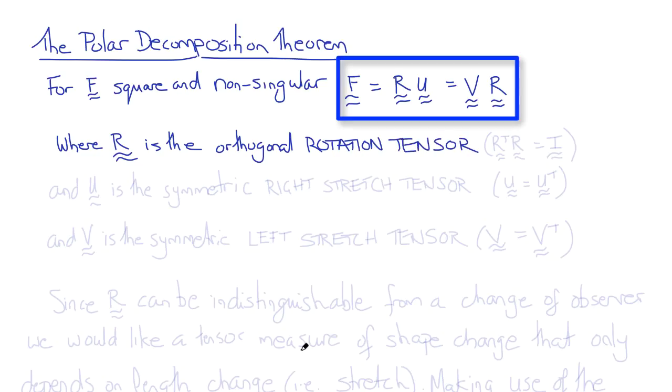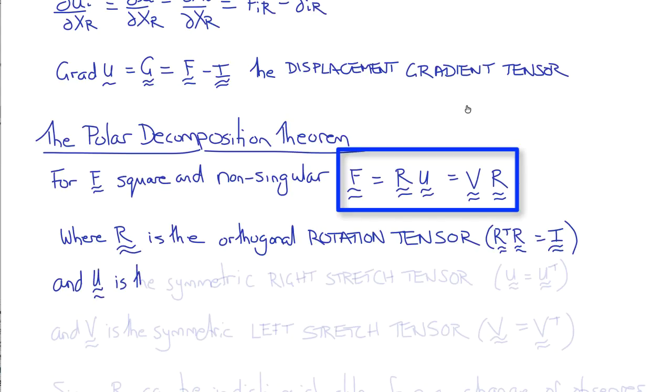It has the property that R transpose R equals I, or R transpose equals R inverse. And U is the symmetric right stretch tensor. So U is equal to U transpose.